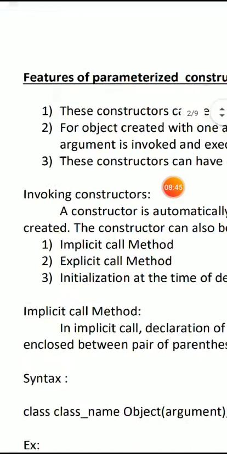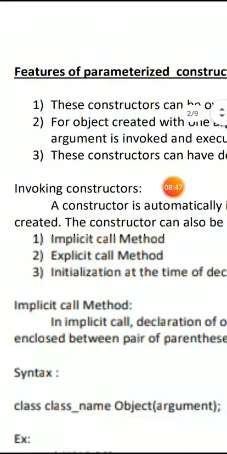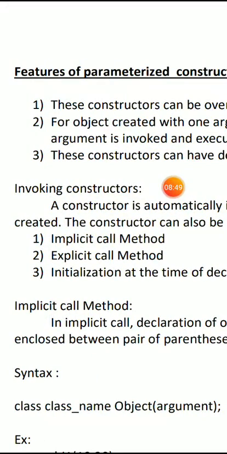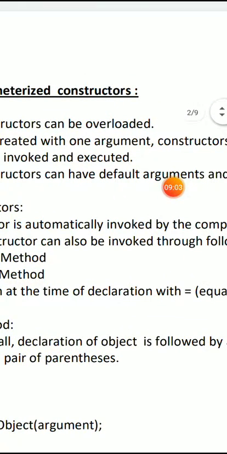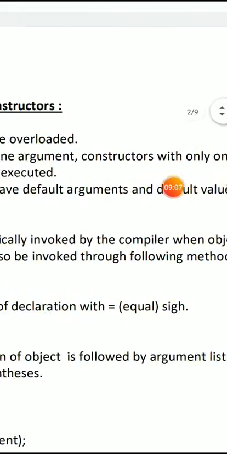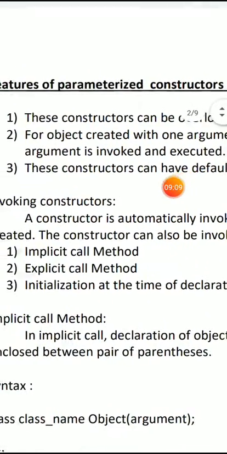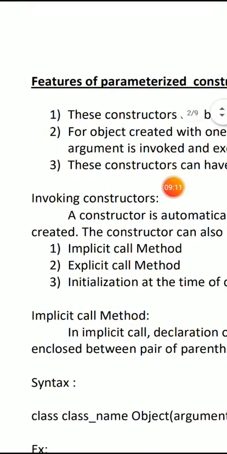The next part is invoking a constructor. I think I told you this one in the class also. I am going to repeat this part now. For most of the students I covered this part. Invoking is nothing but calling a constructor. Usually a constructor is automatically invoked by the compiler whenever an object of a particular class is created.